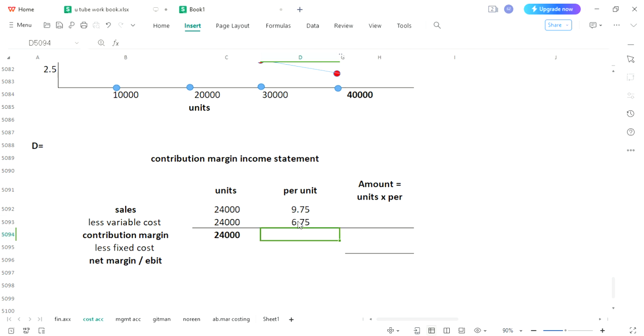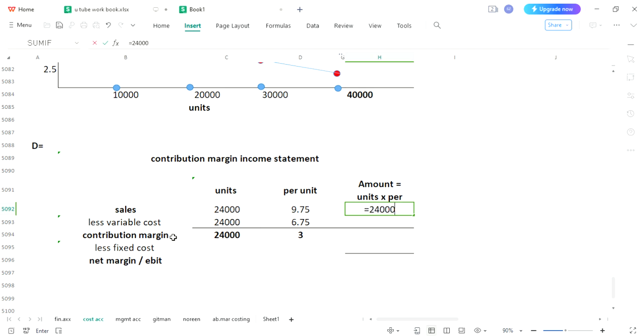Now we need to calculate the contribution margin, which is the difference between sales and variable cost. To calculate the difference, we put sales 9.75 and subtract variable cost 6.75. This way we have calculated our contribution margin of 3. Now total amounts are calculated by multiplying units and per unit.